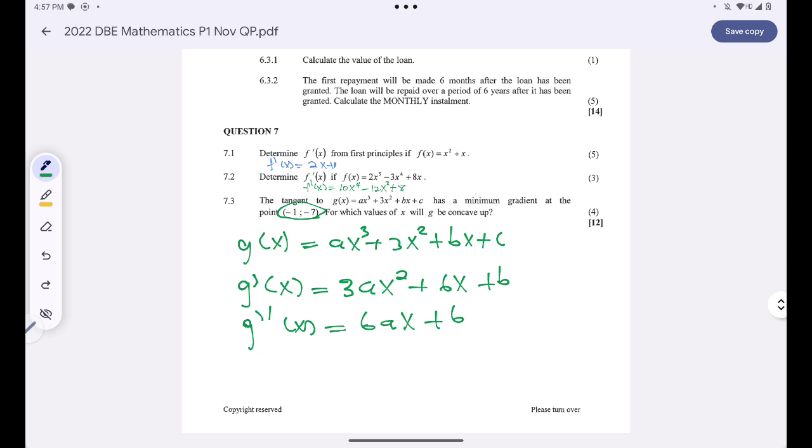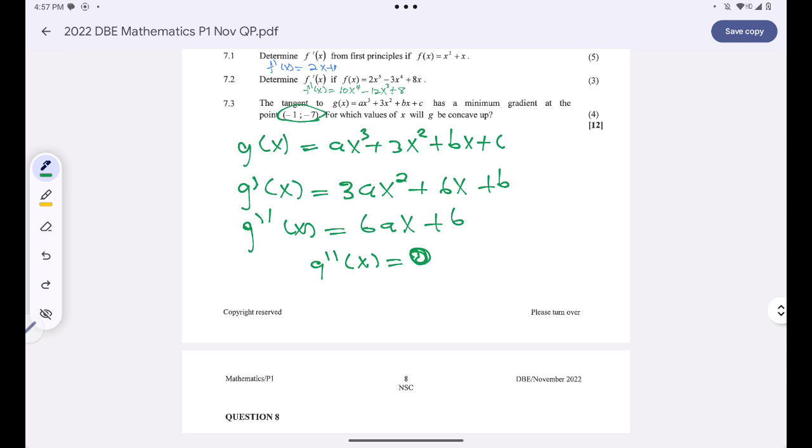So for minimum gradient, please note that g double prime of x is equal to 0, right? So I know that my second derivative will be 0 if and only if the value of x is negative 1.